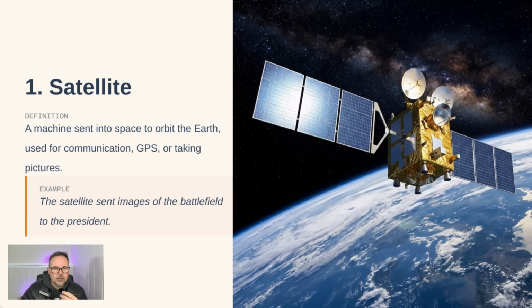Here's the official definition. A machine sent into space or orbit, which means floating in the air around the Earth, orbit the Earth, used for communication, GPS, or taking pictures. Here's the sentence. The satellite sent images of the battlefield to the president.